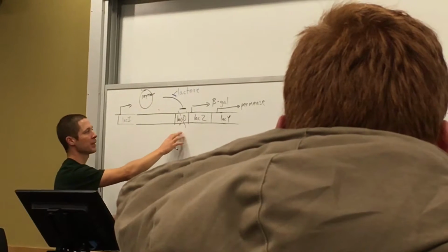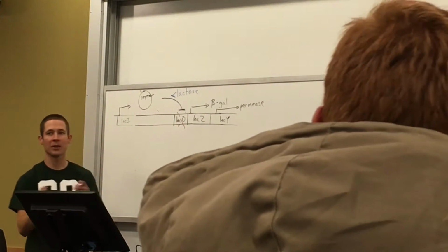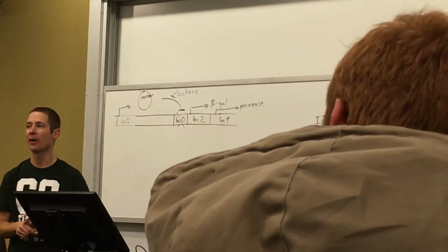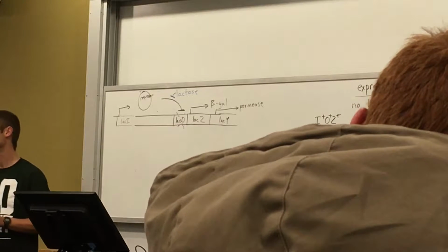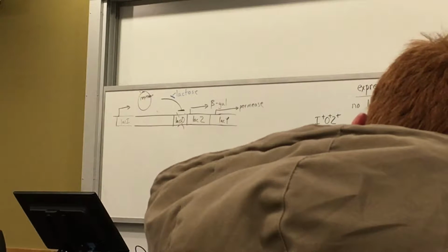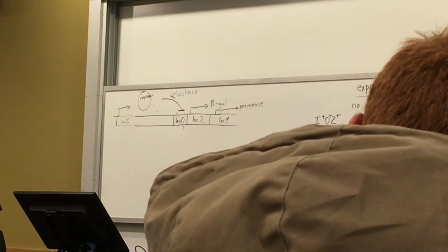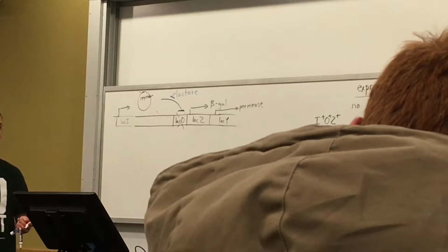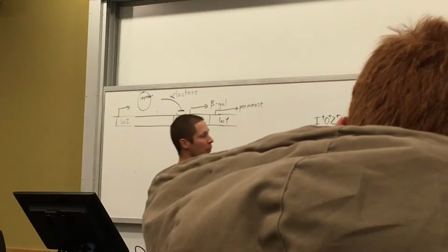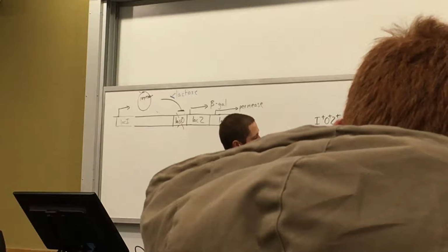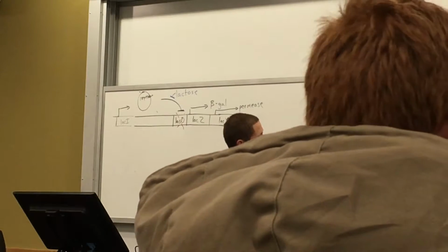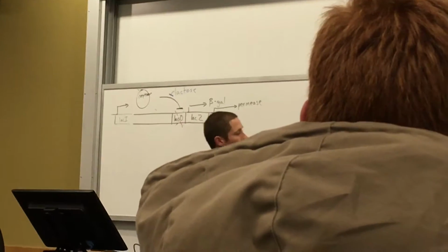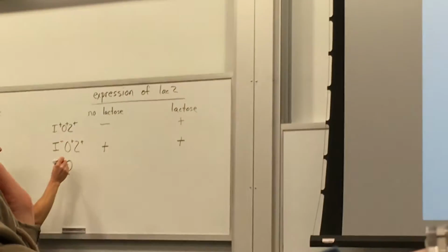So if we change this sequence so that the protein doesn't know how to bind there anymore, how is that going to affect our patterns of gene expression? Yeah, they're actually going to be the same thing. It's going to be on all the time. If you don't have the repressor protein, or if the repressor protein doesn't know where to bind because we've changed the sequence that it recognizes, we're going to get the same result.